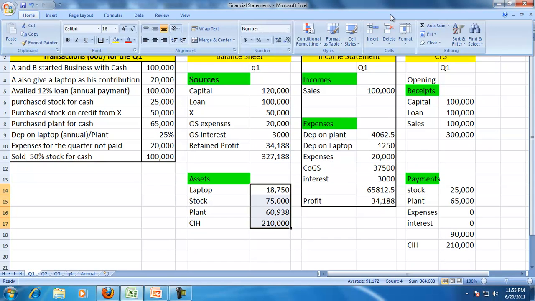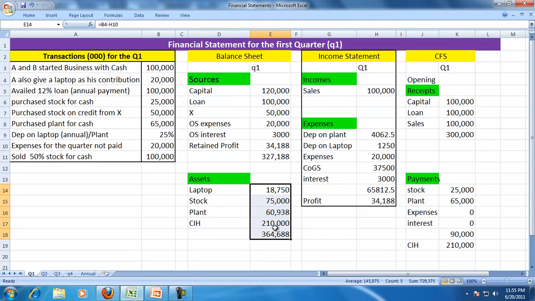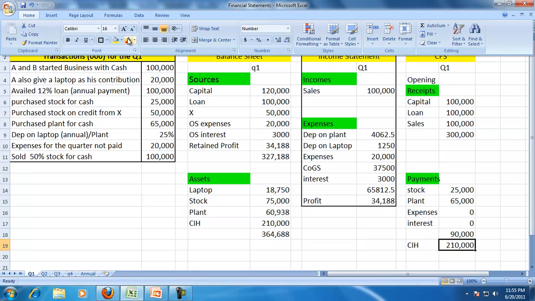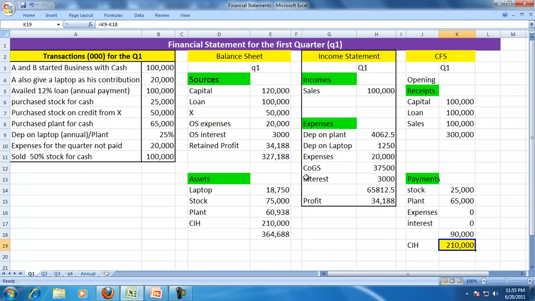The assets should be equal to the liabilities, but unfortunately we are not able to get that here. Let us see what we missed. Cash in hand 200,000, retained profit I kept here, outstanding interest, laptop I've reduced.